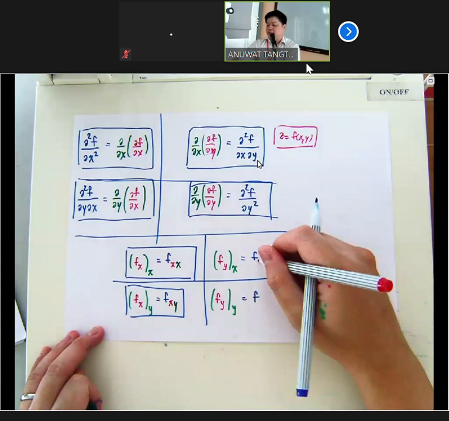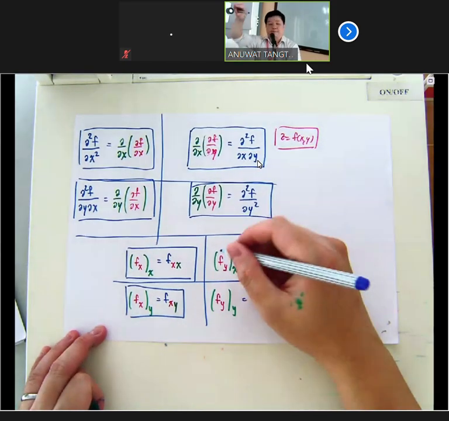That is the subscript notation for the second order partial derivative.